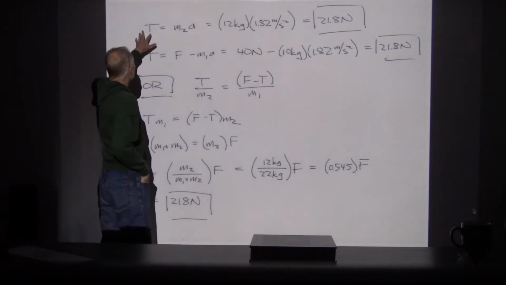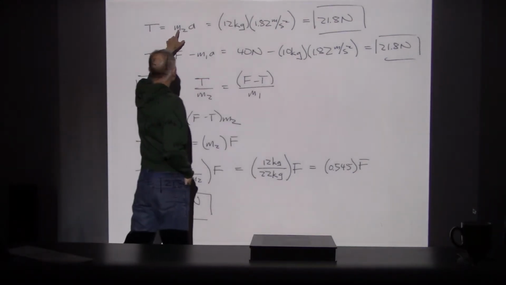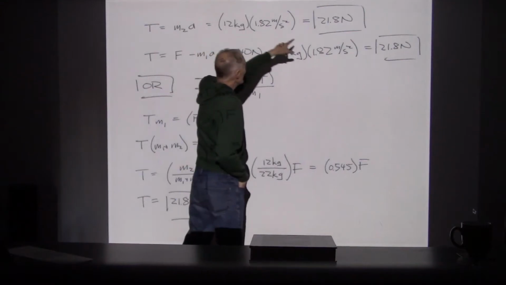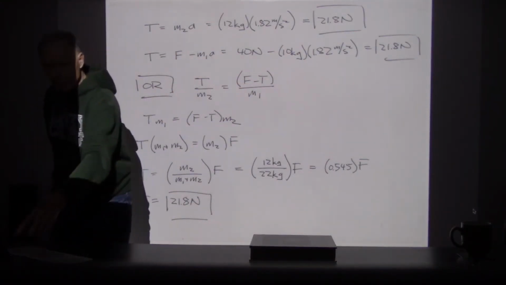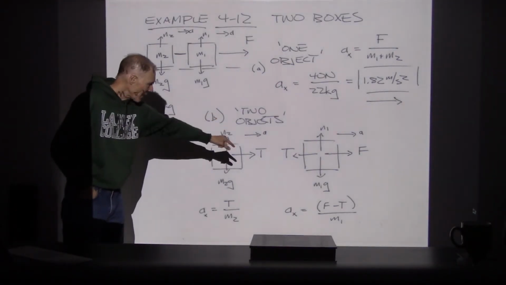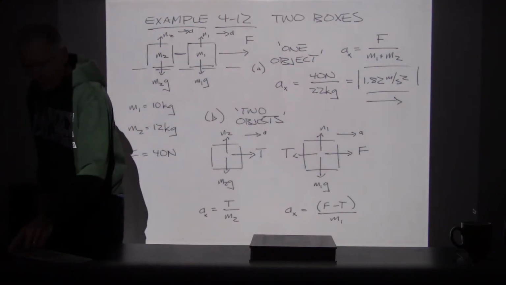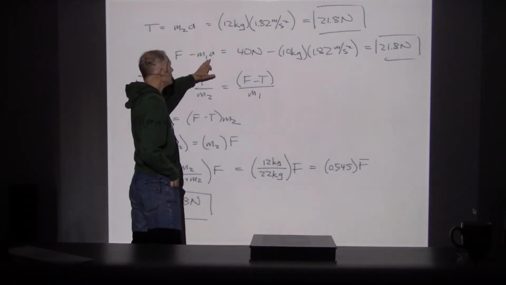So taking that formula we had on the left and solving for tension, that says m2 times a, that says 21.8 newtons. If I take the formula that was on the right at the bottom and solve that one for tension, that one gives me F minus m1 times a.